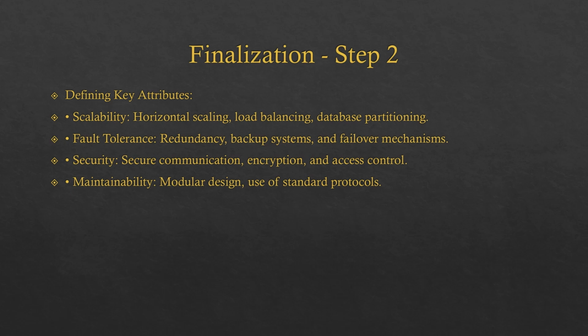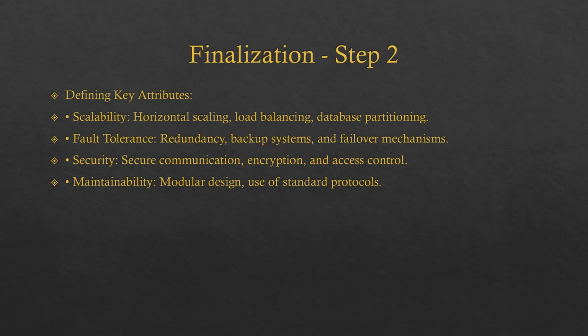Now that we have refined the diagrams, we will define the key attributes of our system architecture. Scalability, ensuring our system can handle increased demand by implementing features like load balancing and database partitioning. Fault tolerance, making sure the system can continue to function in the event of failure by using redundancy and backup systems.